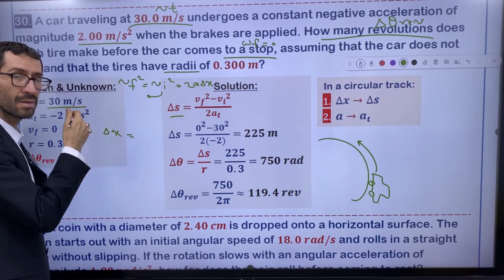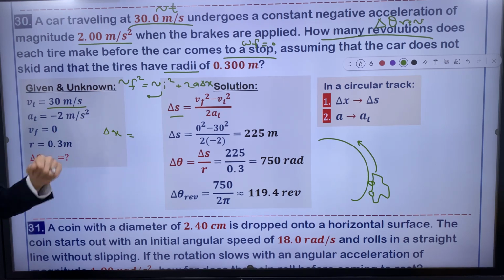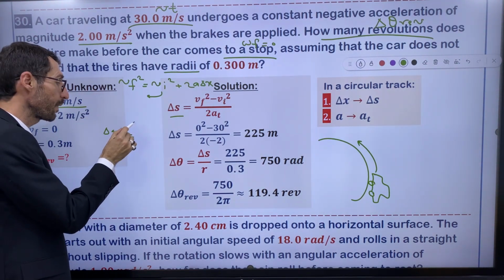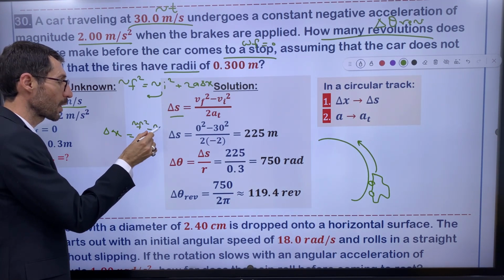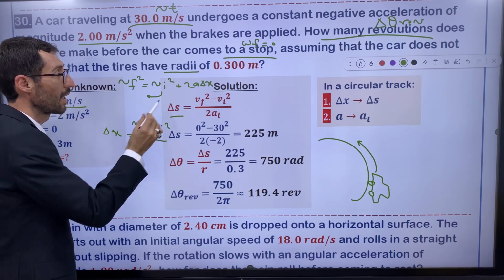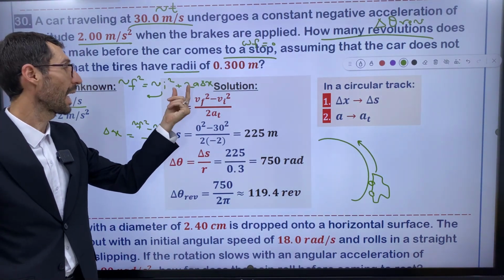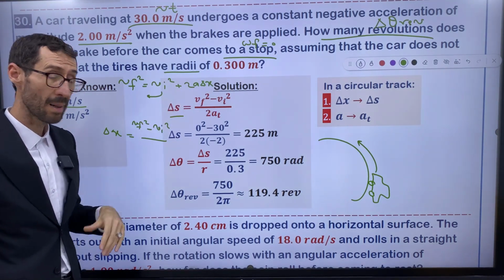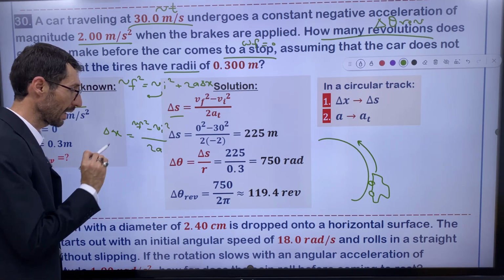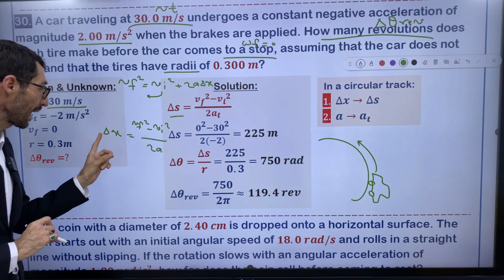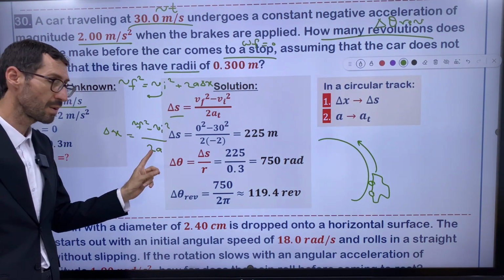Vi squared goes to the left side and becomes negative, so vf squared minus vi squared, divided by 2a, because anything multiplied by the unknown goes to the denominator. So delta x is equal to vf squared minus vi squared divided by 2a.